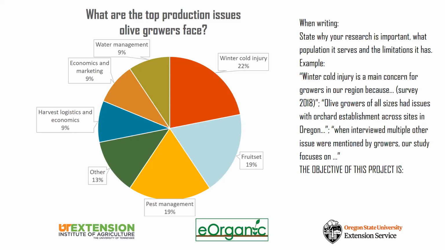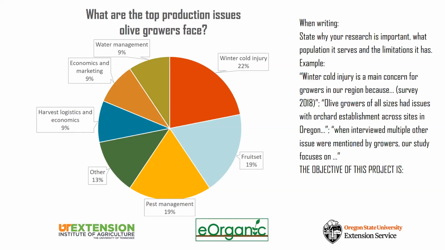So when you're writing, state why your research is important and what population it serves and the limitations it has. For example, here you have clearly winter cold injury is a main concern for growers in our region. And when we cite the survey that we did with them, olive growers of all sizes had issues with orchard establishment.